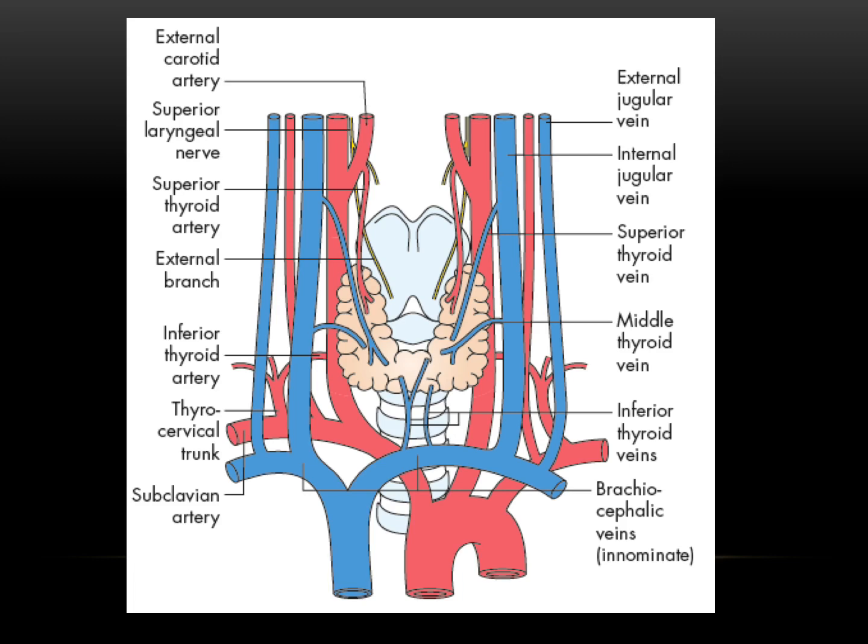The thyroid gland consists of 2 lobes, right and left, connected by the isthmus. It shows the superior thyroid artery, which is a branch of the external carotid artery, and the inferior thyroid artery, which is a branch of the thyrocervical trunk, a branch of the subclavian artery. There are also the middle thyroid veins, the superior thyroid veins, and the inferior thyroid veins.